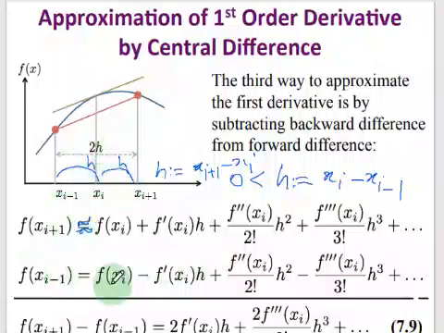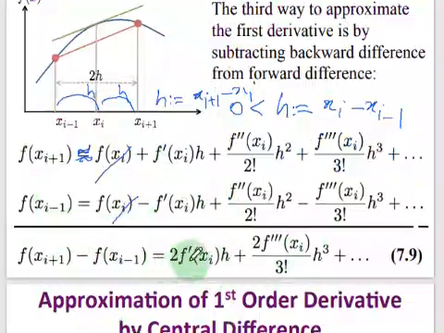So to find the central difference, you can subtract the second one from the first one, right? Then you can cross this off. So this becomes 2 times f prime of xi times h.